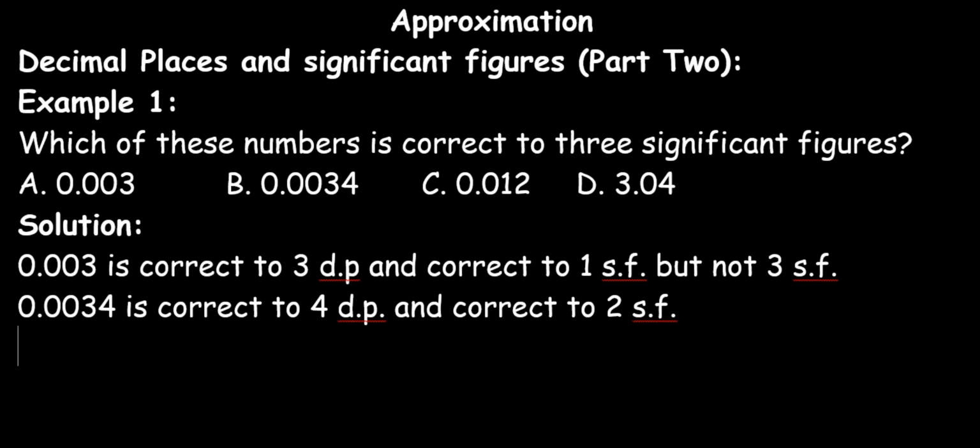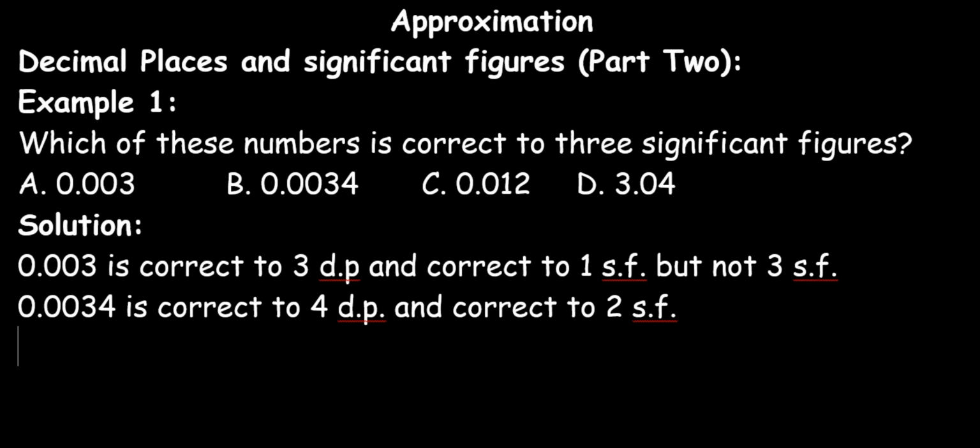That's why it's correct to 4 decimal places. For significant figures, the only non-zero digits in 0.0034 are 3 and 4, and after 4 no further digit was given. So you can conclusively say 2 significant figures were considered in approximating this.